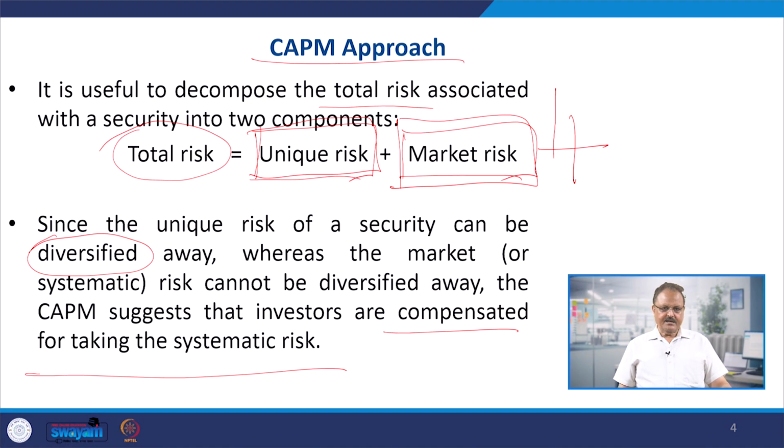If you invest in a risk-free security, that much return you deserve by investing in a stock, but you deserve additional return also for taking the additional risk, which is called the market risk.